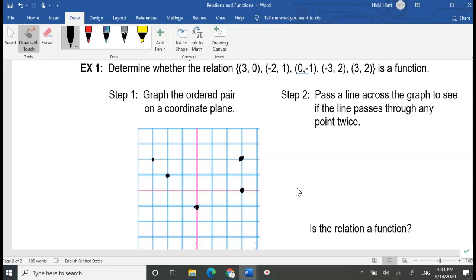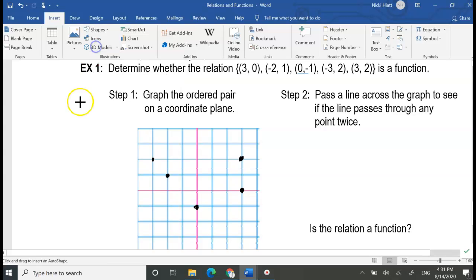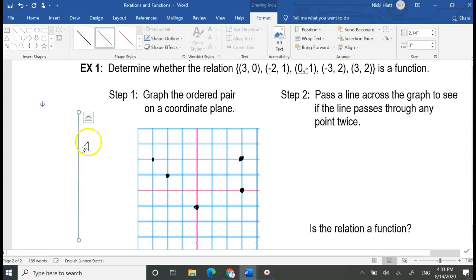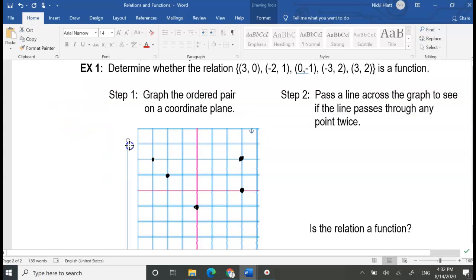And so if I think of taking a vertical line, and let me see if it will let me do this here. Shapes, line, there we go. So if I take this vertical line right here, and let me go back to where it will let me grab this. Yep, there we go.